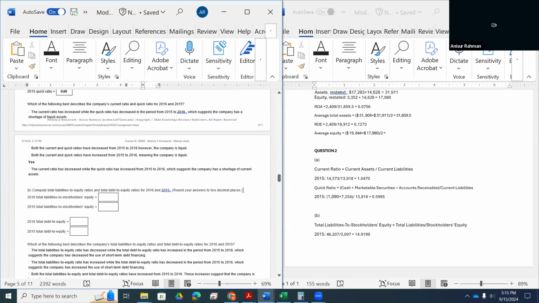Two decimal places, so it should be 14.92. Following the same process for 2016 should give you 28.77. Now total debt to equity.